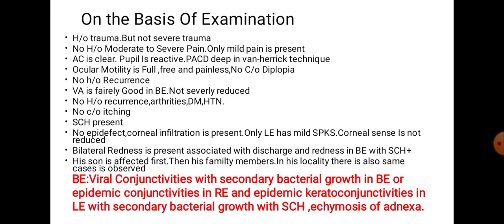Then, because the patient is an electrical mechanic, I think he is not in a high socio-economic condition. It may be a poor environment or poor hygienic condition, so that due to the viral conjunctivitis the immunity of the patient became compromised, and so there was a secondary bacterial growth in both eyes.